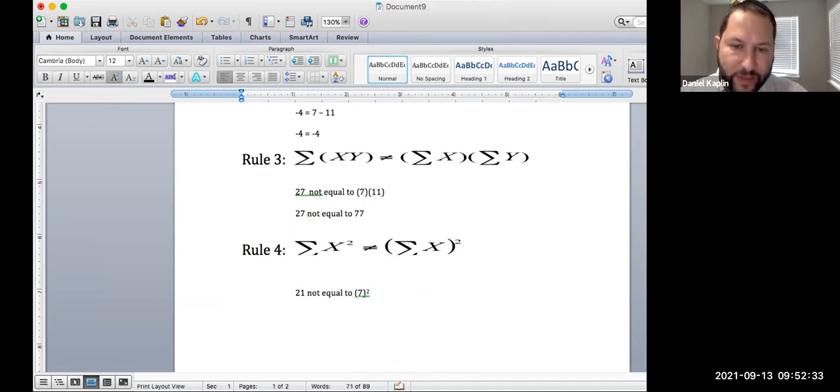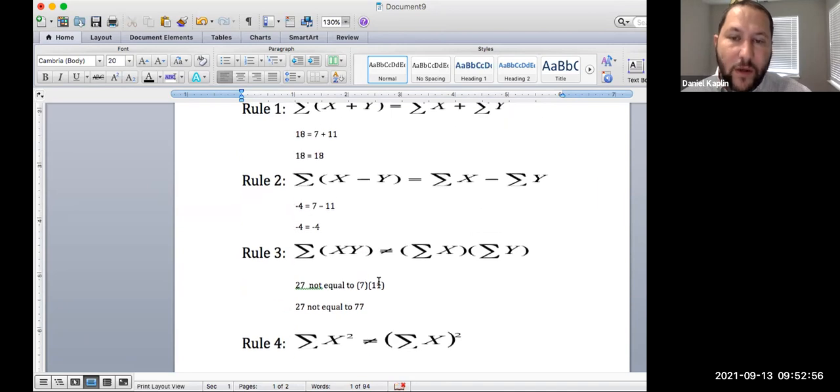And I'm doing this with you, so it's not clean of errors. Like I'm just doing it, ignore the format as I work through it. So 21 is not equal to 49, right? So does that prove the rules?